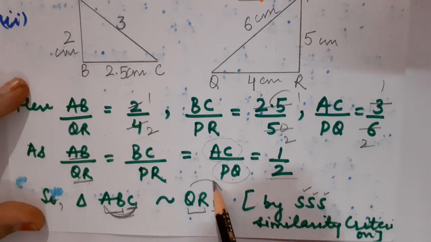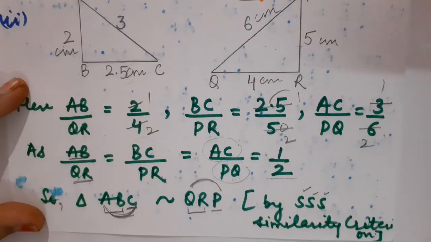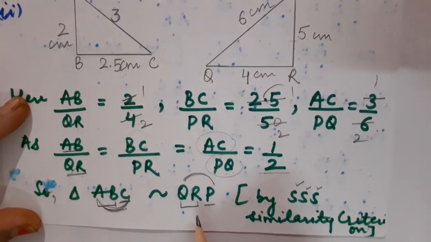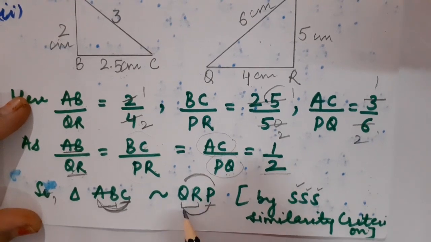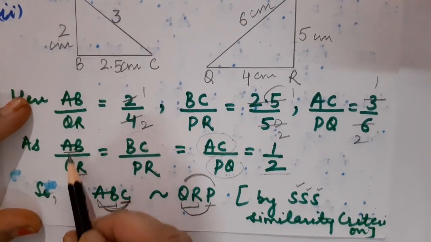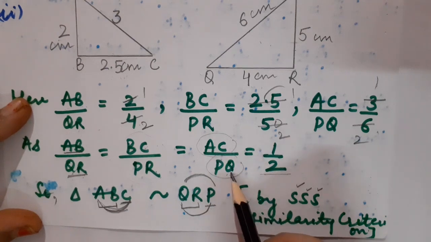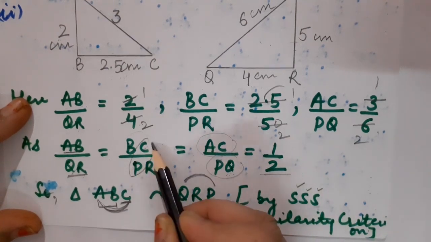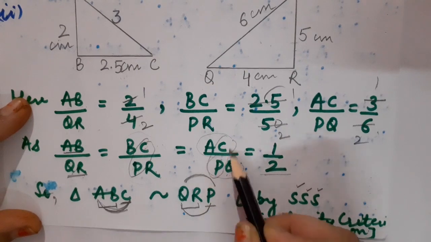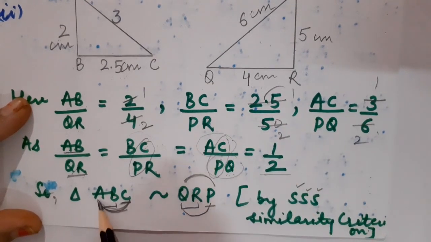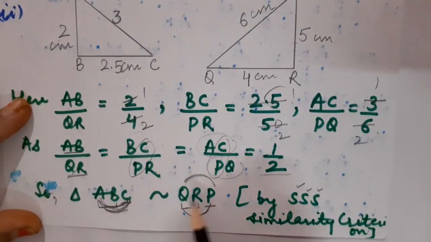This is with PQ. Correct? Sorry, it's not PQ, it's QR actually. Look, here A with A, angle Q is fixed. So with A, Q is fixed. So what was left for C? Here also for C, P was left. Okay, so AC is in correspondence with QR, not with PQ.